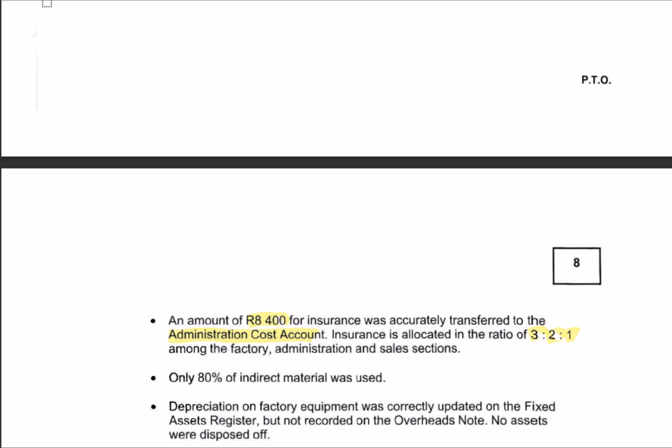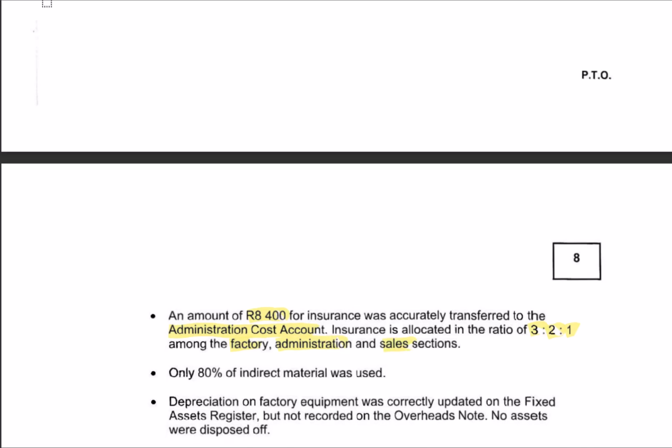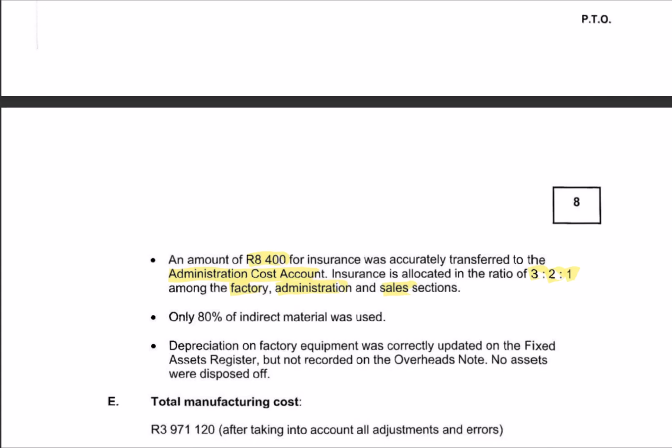So normally you follow the way they are written, so factory is 3, administration is 1, then sales is what? 2. Normally they use the word respectively.